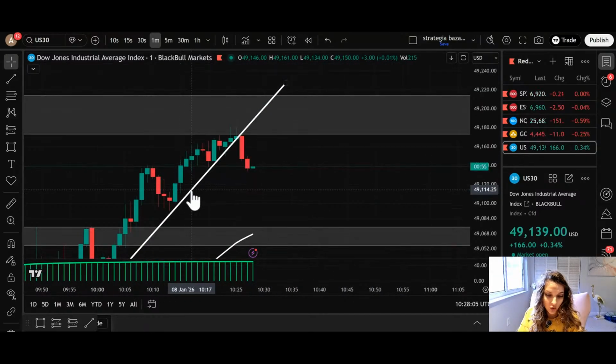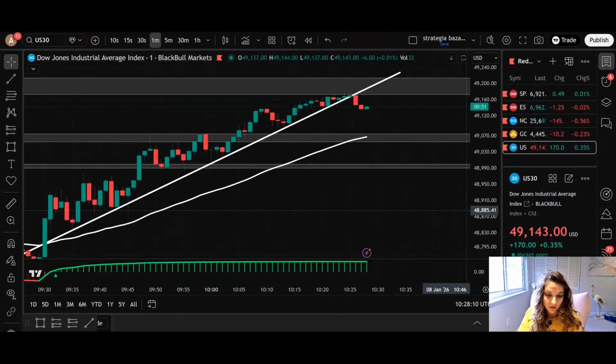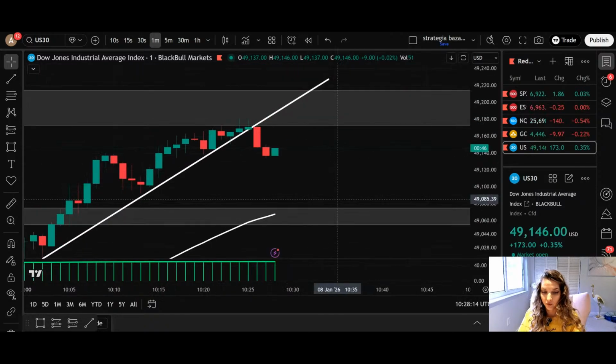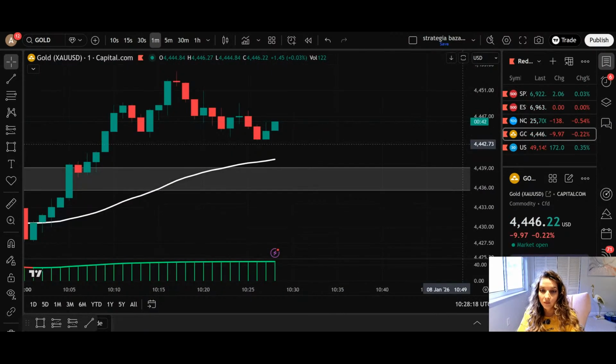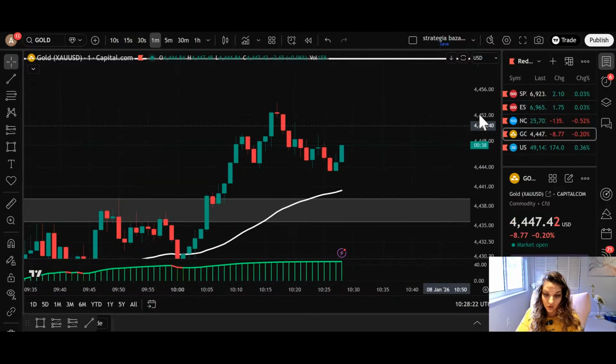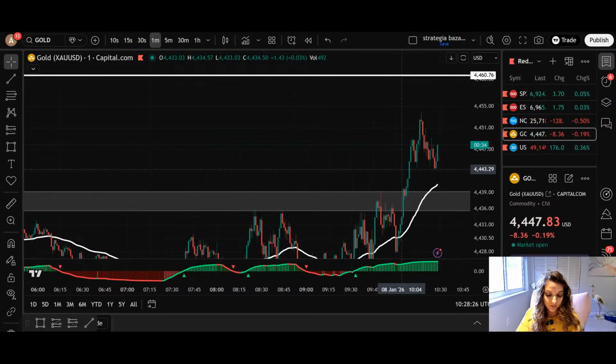If you want to take a short here, wait to retest the trend line and go in a short for the US 30. Okay, good. For the gold here, it doesn't want to touch yet. Not yet.